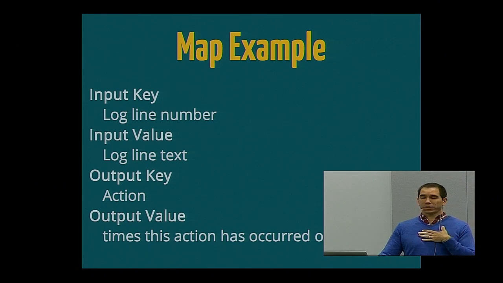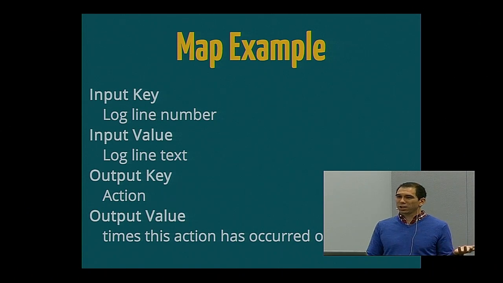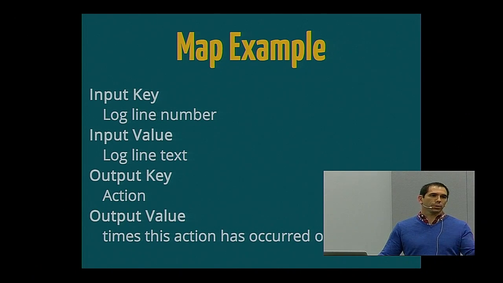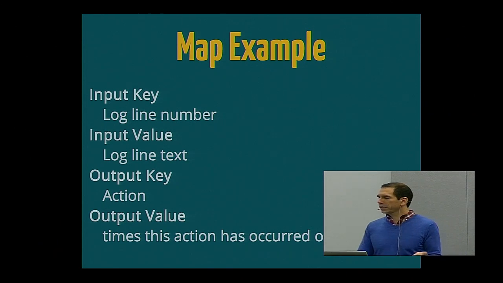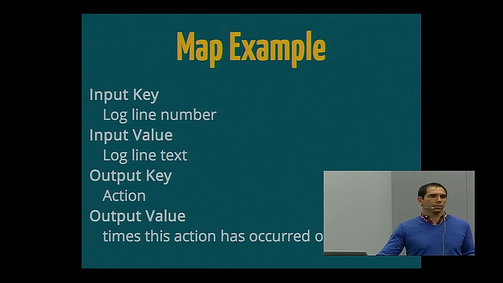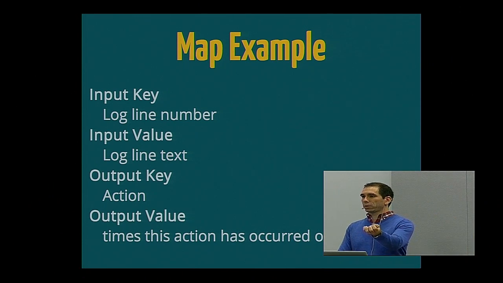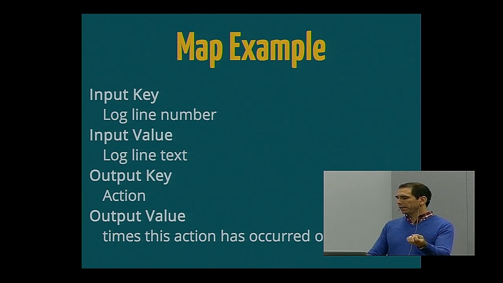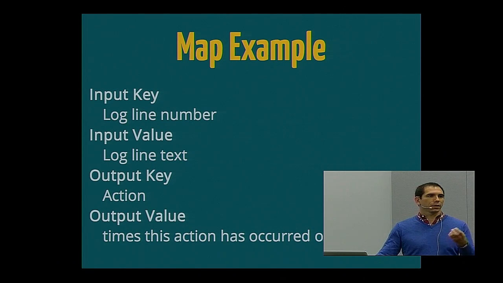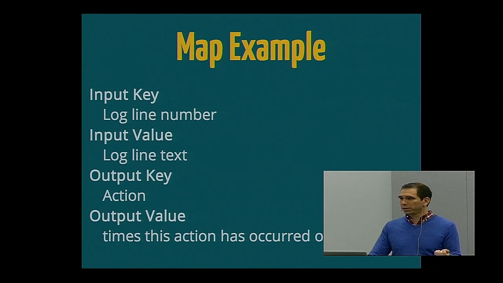Now, for this particular example, the log line number is not that useful, so we're mostly going to ignore this initial key, and in our exercises, we're probably going to be ignoring that key mostly too. What we really care about here is the value, the log line of text. And remember, in the map phase, we're going to extract what we want out of this log line. And what we want is the action that took place: load, save, or redirect.